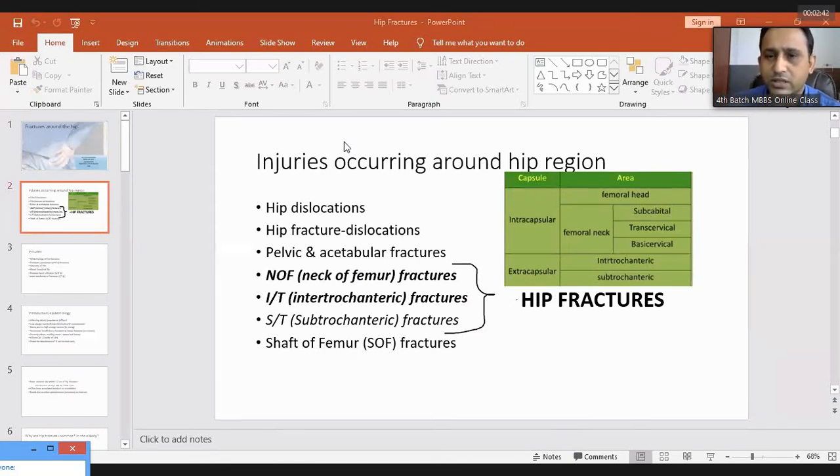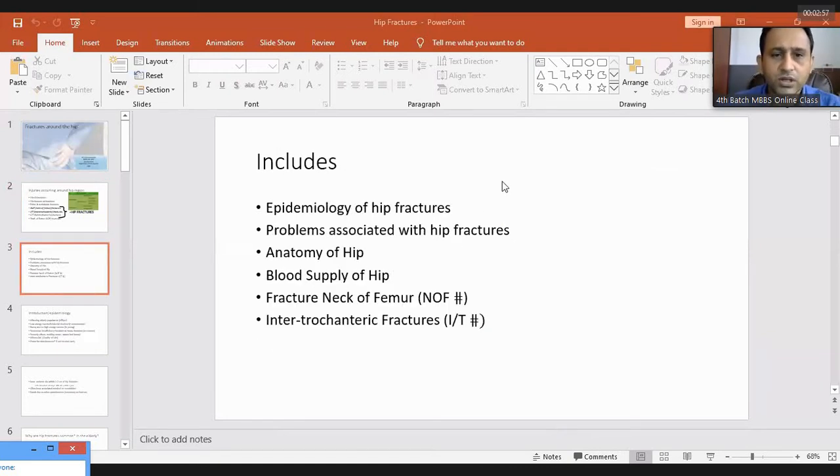As you see on the chart there, intracapsular fractures of the hip comprise the femoral neck fractures, and extracapsular fractures of the hip comprise intertrochanteric and subtrochanteric fractures. Today, briefly, we'll talk about the epidemiology of hip fractures, why hip fracture is important, and what the problems associated with hip fractures are.